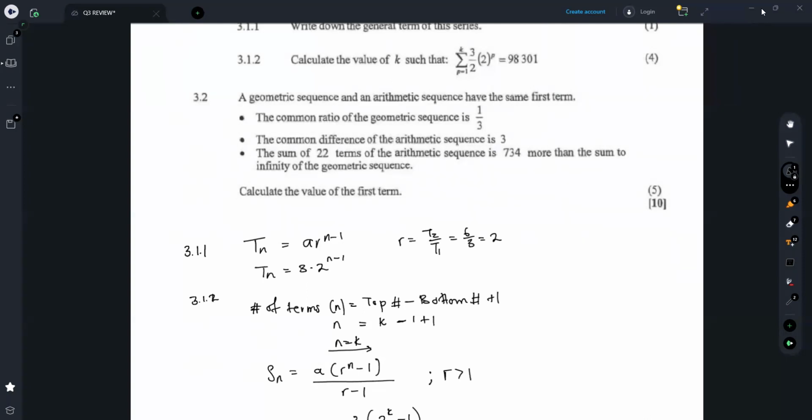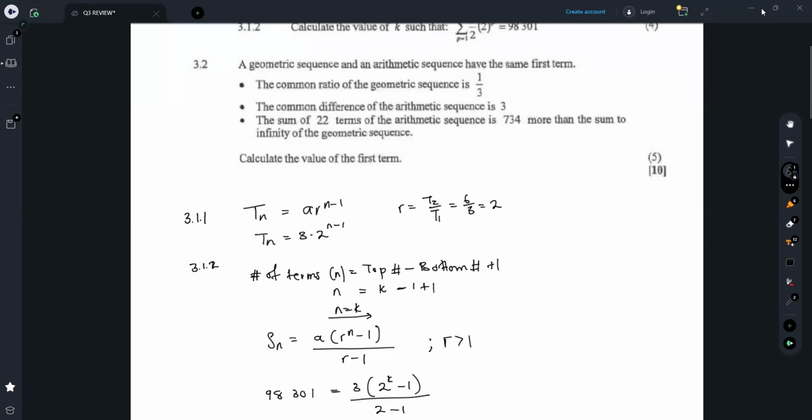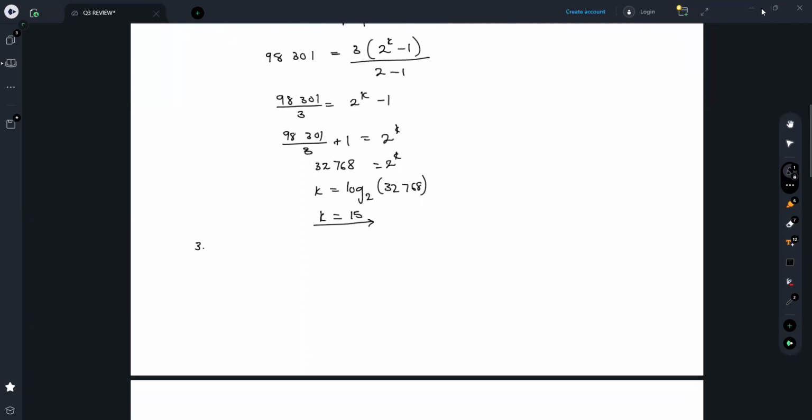For you to find the arithmetic series of 22 terms, S22, you just have to take the sum to infinity of the geometric and add 734 to it. We're told that both patterns have the first value of A. So what do they want? Calculate the first term. In this case, they just want us to calculate the value of A.